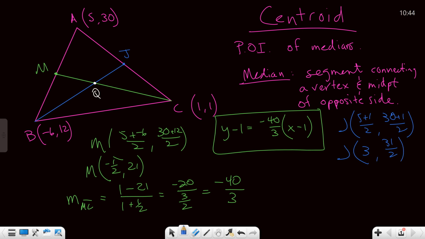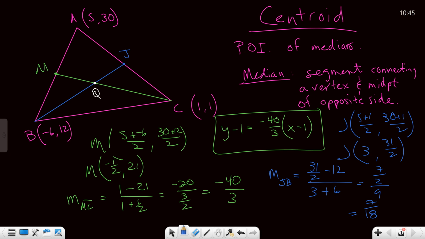Good. Then I need the slope of JB, which would be 31/2 minus 12 over 3 minus -6, which is 7/2 over 9, which would be 7/18.